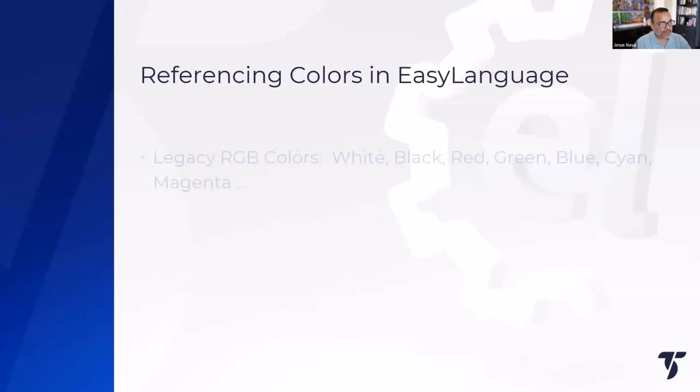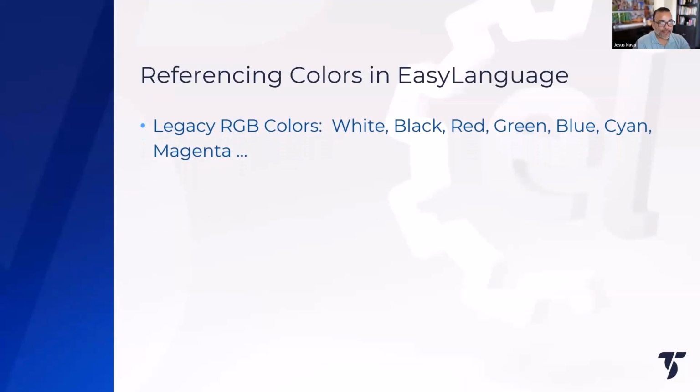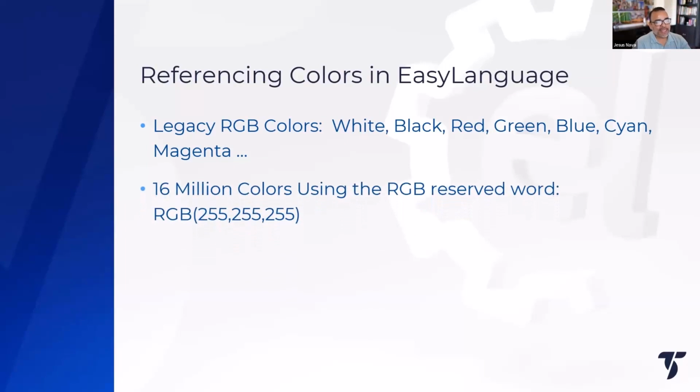Referencing colors in EasyLanguage, we already talked about this. You have the legacy colors: white, black, red, green, blue. Those are the ones that you can type in directly without the need of a reserved word or a function. You have access to the 16 million colors using the RGB reserved word, and it's used very simply.